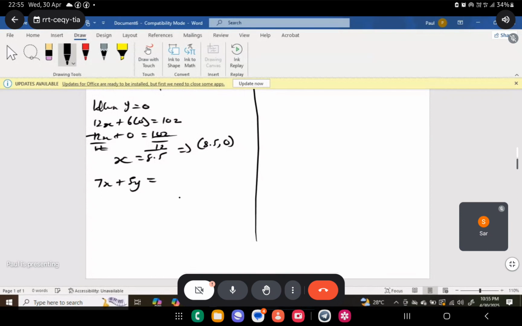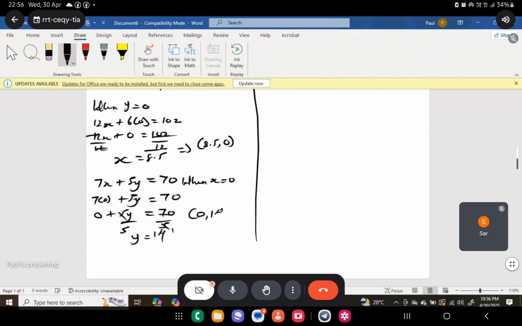So when x is 0, this will give us 0, 5y being equal to 70. We divide it by 5, so y will be what? 70 divided by 5, I think it's 14. Yes, y will be 14. So 14 will come here. Then we say the first point is 0, 14.